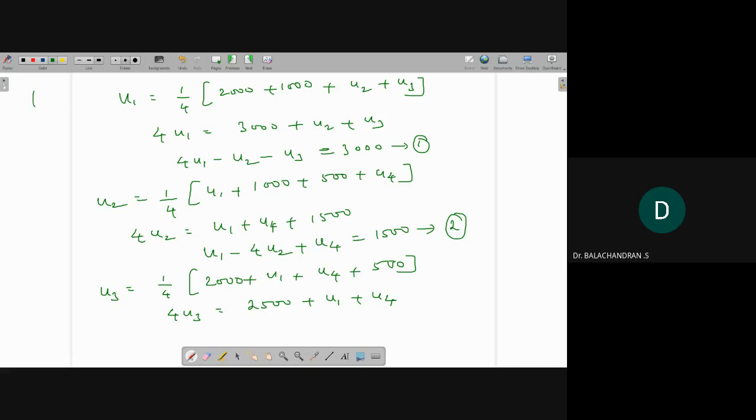So u1 minus 4u3 plus u4 equal to minus 2500. This is equation number 3.